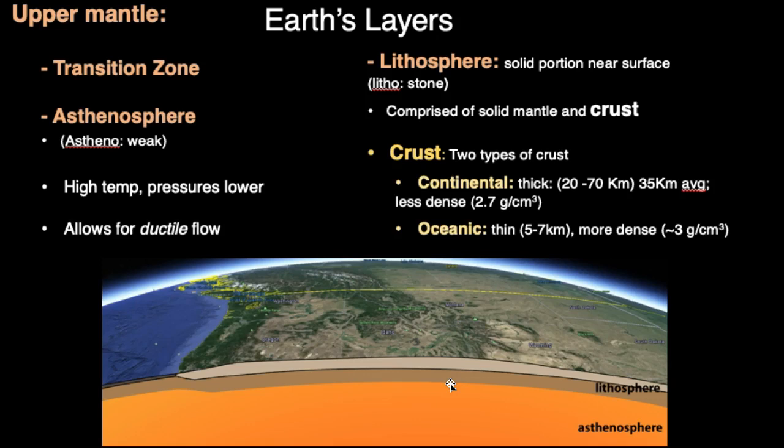The asthenosphere itself is a more gooey and weak layer than the rest of the mantle or the crust layer. I would describe it as kind of gooey, where things are able to flow more freely. Not quite liquid though, it's kind of like Play-Doh, if you would sort of imagine that in a way.